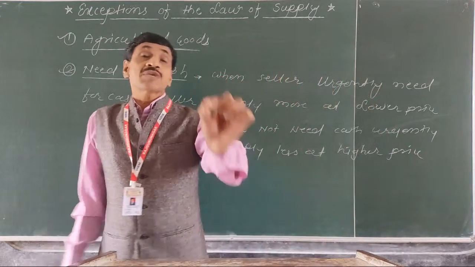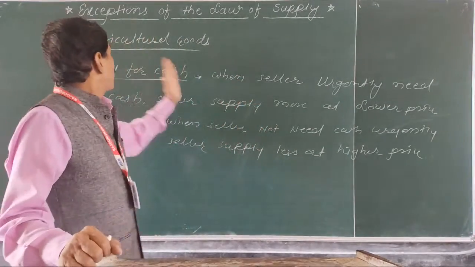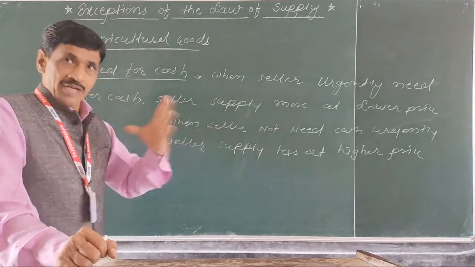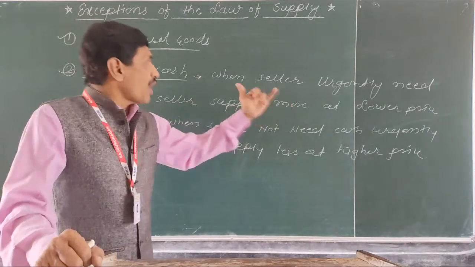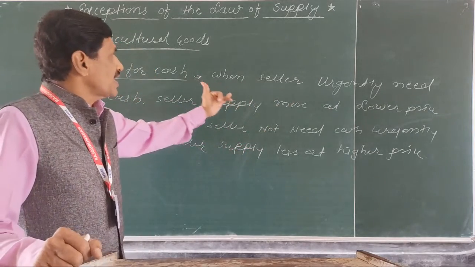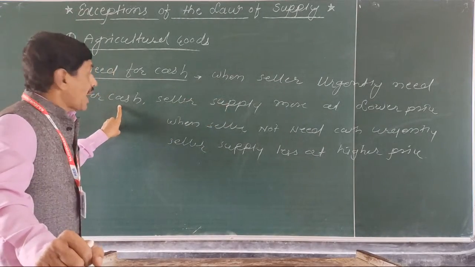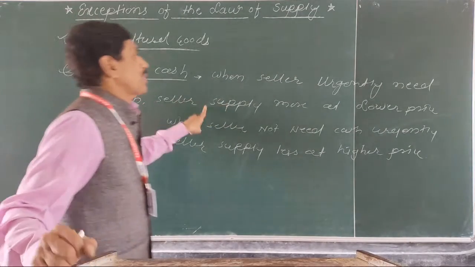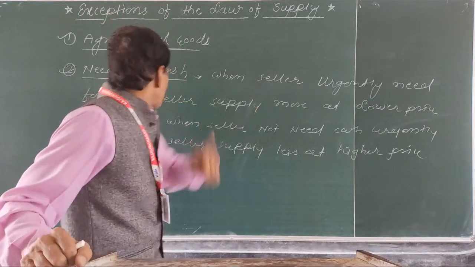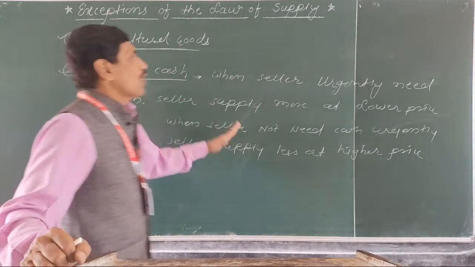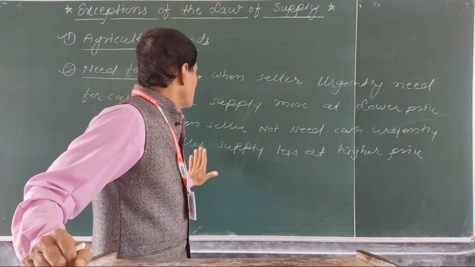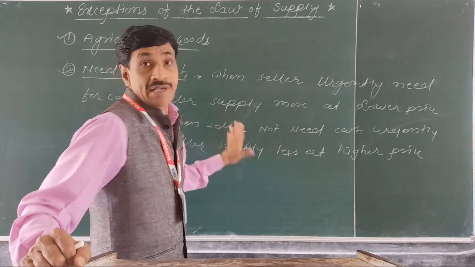That is the real exception to the law of supply. Need for cash. When the seller urgently needs cash, at that time the seller supplies more at a lower price, and when the seller does not need cash urgently, the seller supplies less at a higher price.